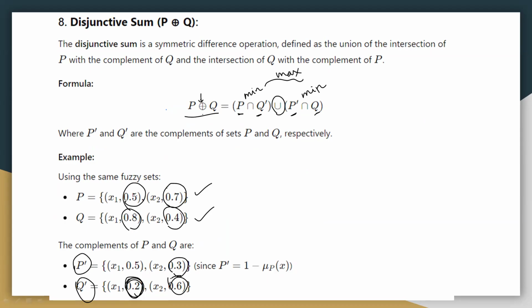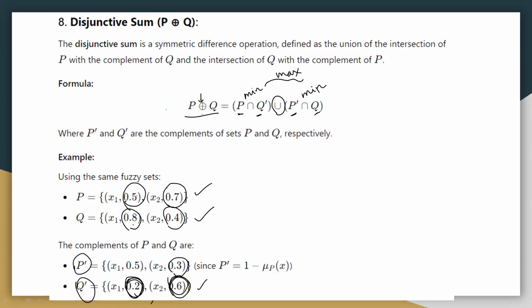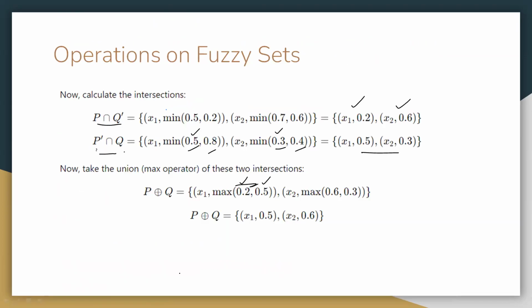The second value is 0.7 in P and 0.6 in Q's complement, so we take the minimum again. So 0.2 and 0.6 are taken. For the intersection of P complement and Q, we have 0.5 and 0.8, where we take 0.5, and 0.3 and 0.4, where we take 0.3. So we got 0.5 and 0.3.